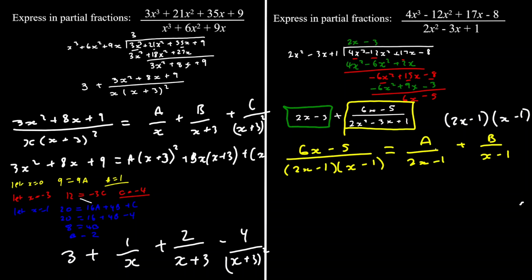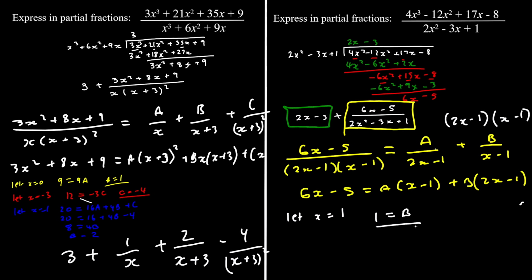Multiply through by the denominator, 6x minus 5 equals A times x minus 1 plus B times 2x minus 1. And we can let x equal 1, which will be 1 equals B. So B is 1. And let x equal a half.